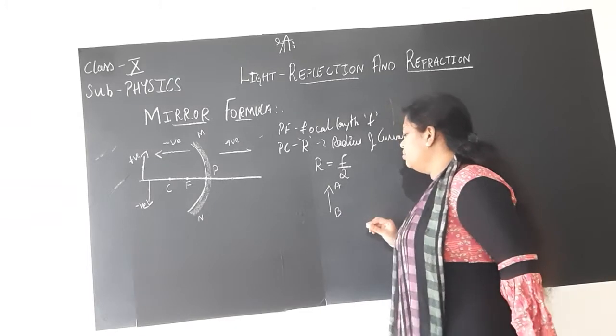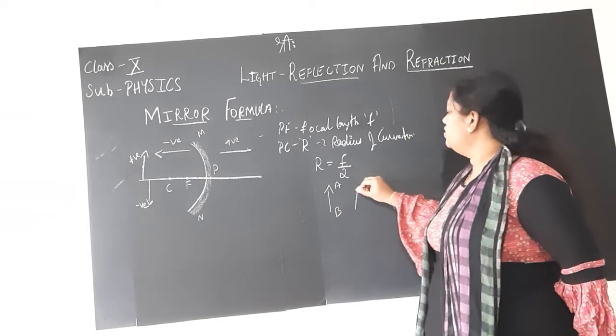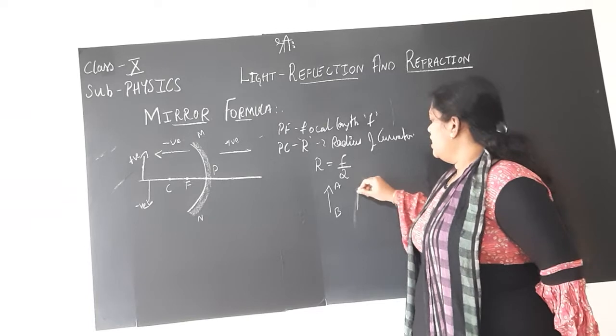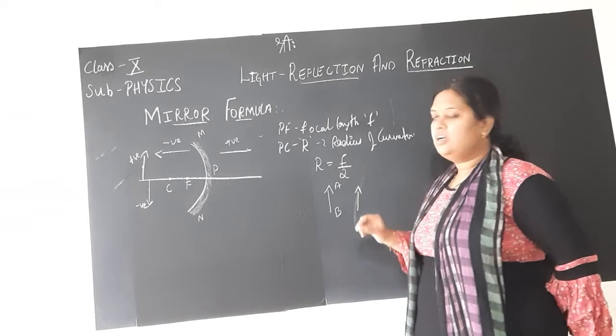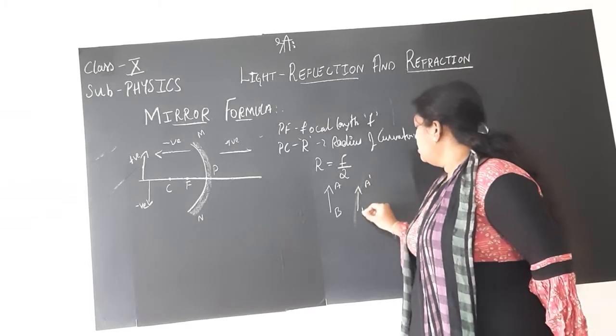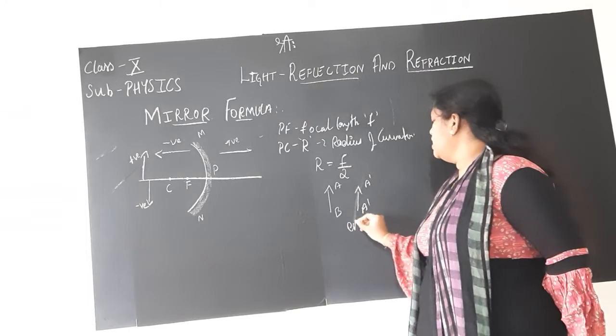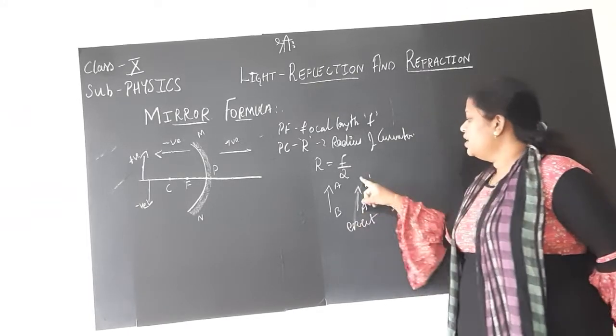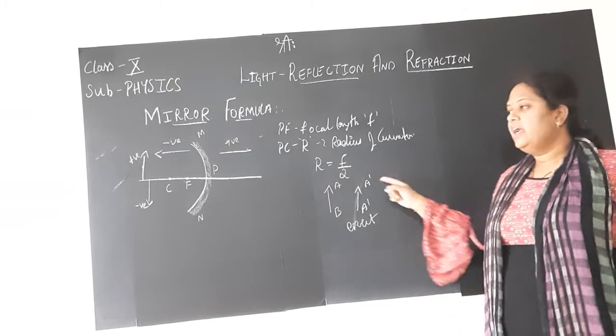If you want to represent the image, which is erect, you know, erect images and inverted images and all, I explained, children. So if you have an erect image, with the arrowhead upwards, you will label it A dash B dash.